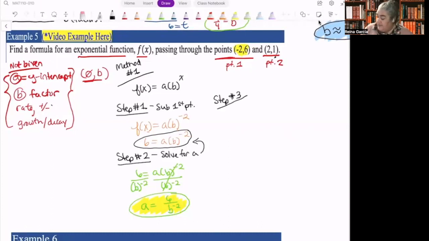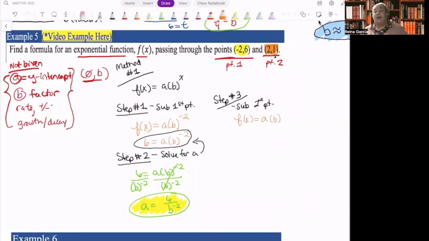Okay? And step 3 is to sub the second point into our general equation. So again, step 3 means that now we're going to go f of x equals a times b. The second point, we're going to highlight in orange right here.